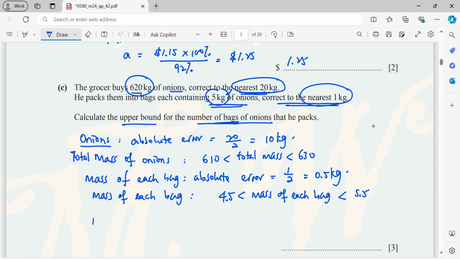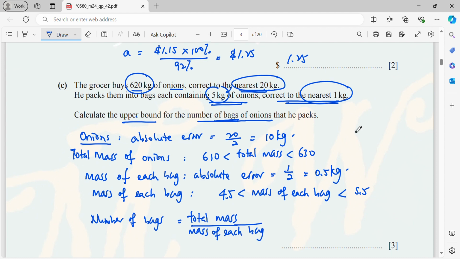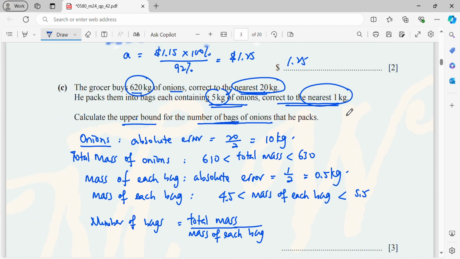So number of bags equals total mass over mass of each bag. Okay, so now when you are finding the upper bound, look at here, this is the upper bound.